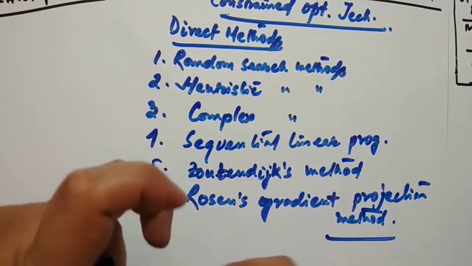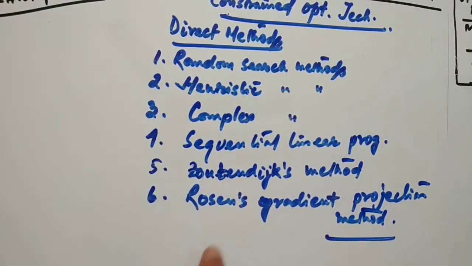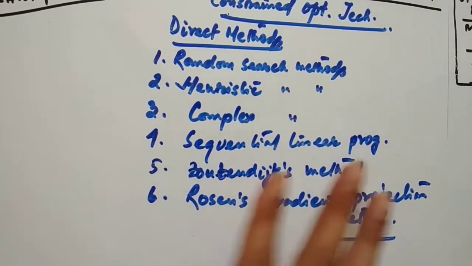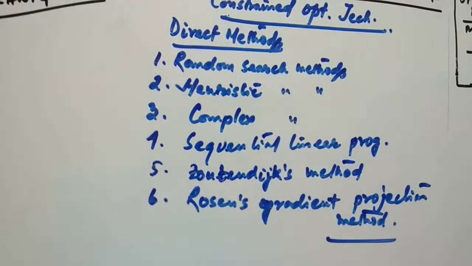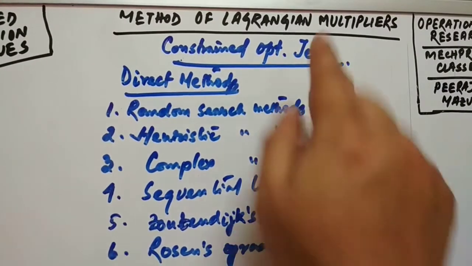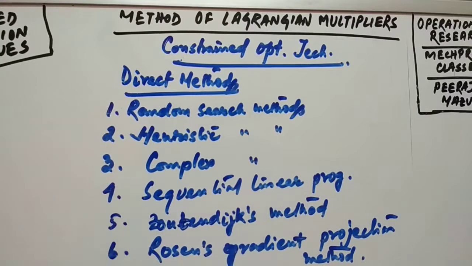There are one or two more, such as generalized reduced gradient methods and many more, but these are the direct methods.